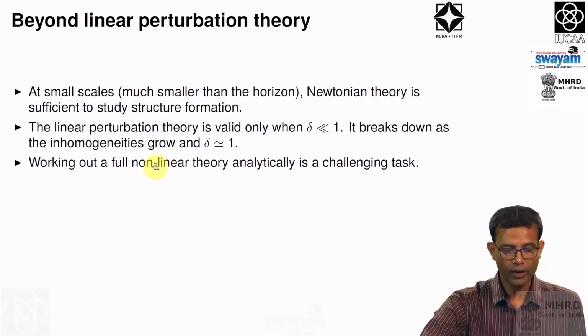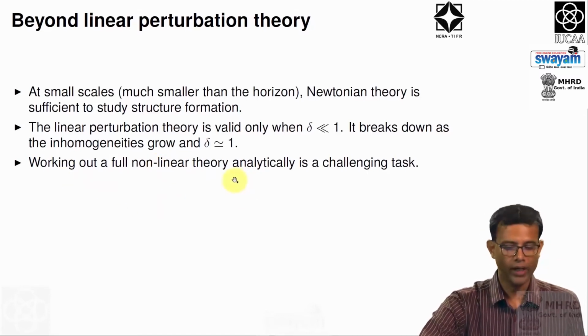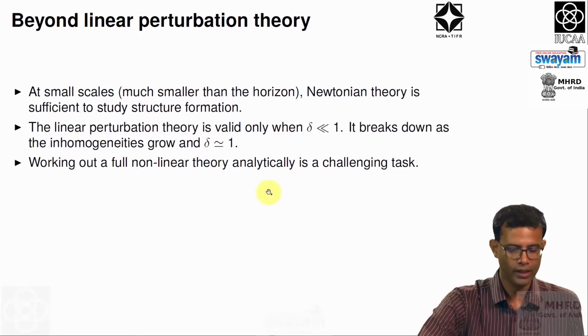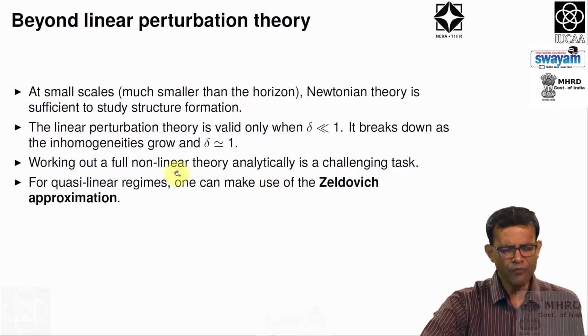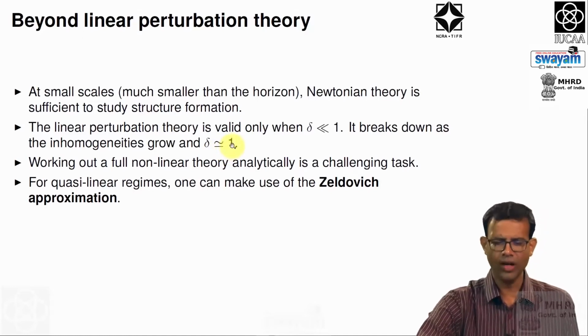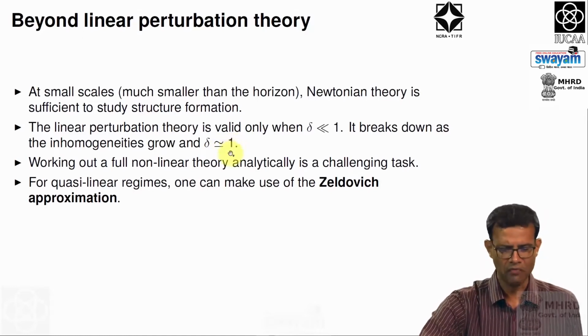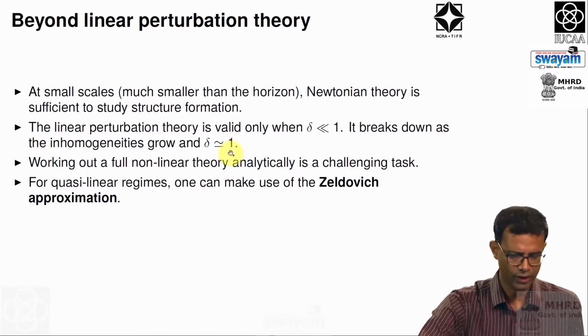Now, at that point you may like to work out a full nonlinear theory, but working that out analytically is almost impossible. It is a daunting task. It simply cannot be done. So, you simply cannot write equations and solve them if you want to work the full nonlinear theory in the most general case. Okay. If you are happy with quasi-linear regimes, quasi-linear means delta is of the order of or slightly greater than 1, but not really too much larger than 1, maybe 2, 3, 4 of that order.